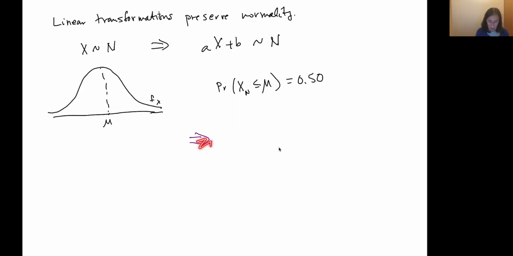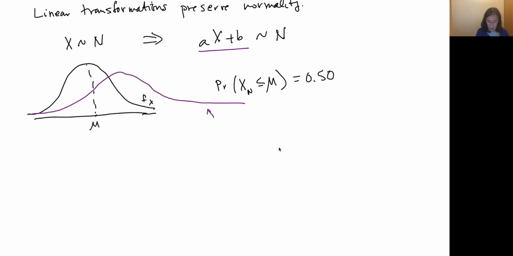I think that's actually easier to do it that way. So if we multiply X by a and add b, let's say that b is a positive number here and that a is greater than 1, you'll get something that looks like this.